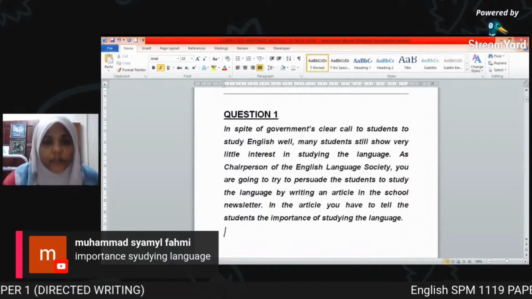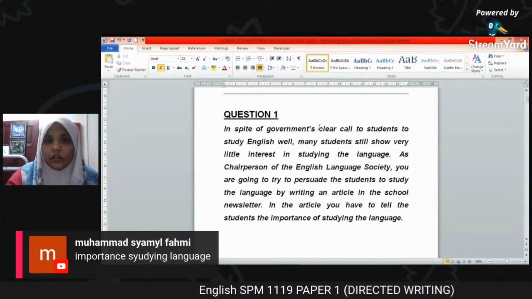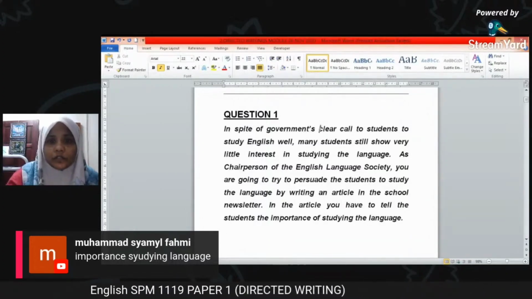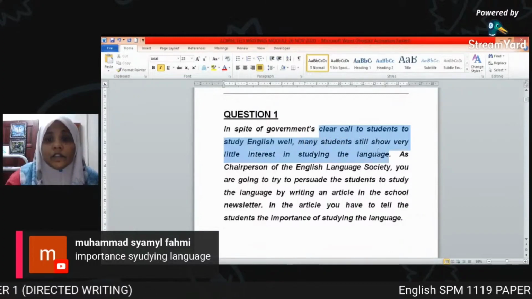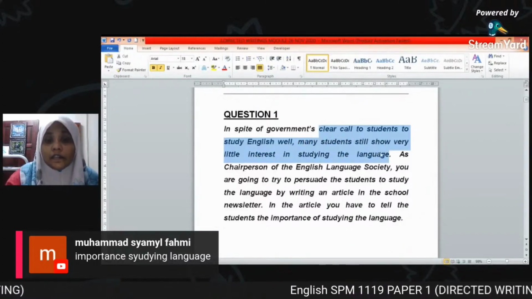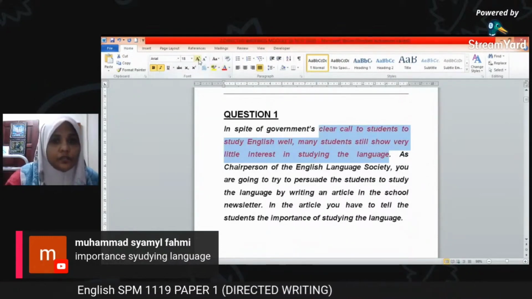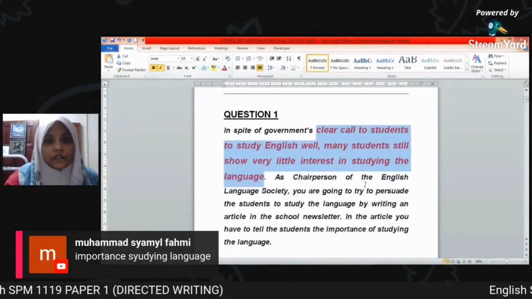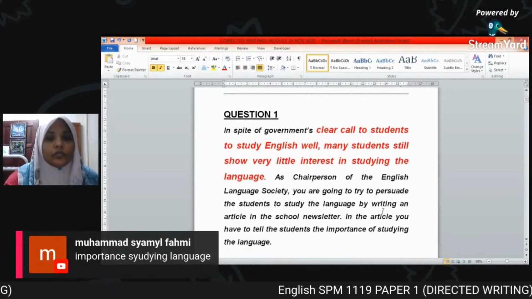Can you see? A clear call to students to study English well, but many students still show very little interest in studying the language. Okay, the issue is given. All right, this is the issue.